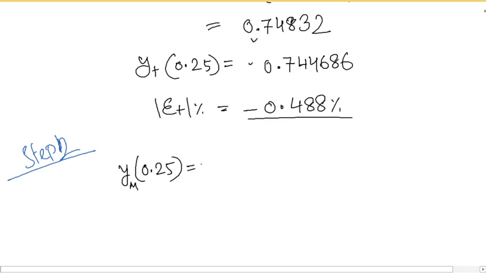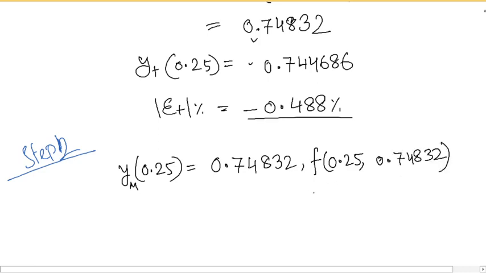So y at 0.25 is 0.74832, and f of 0.25, 0.74832 should be calculated. This one we haven't calculated yet.